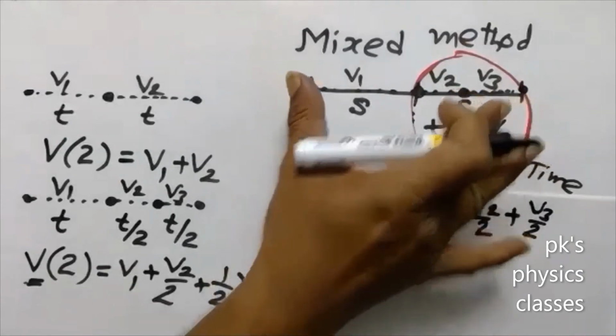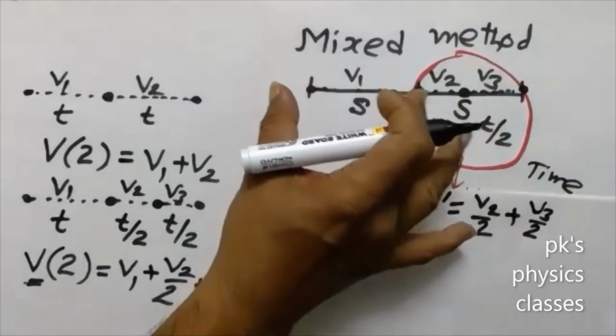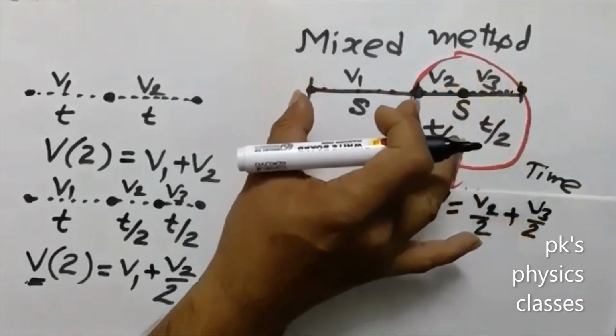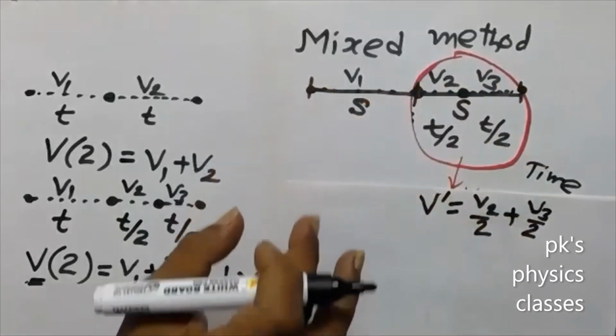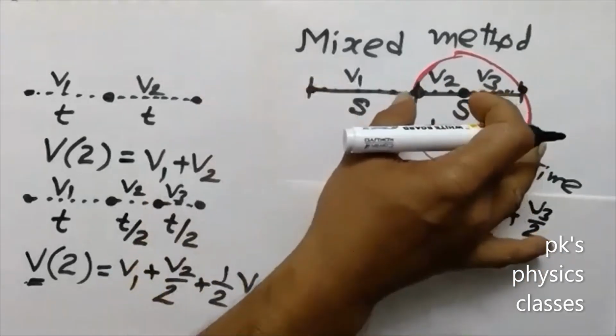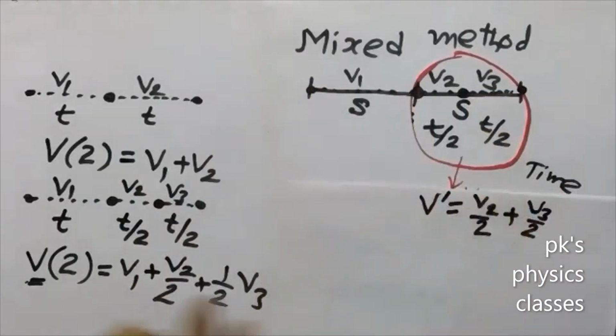Now extend to the entire journey. Total journey, if it is 2s, half the distance is covered with v1, the remaining half is covered with this average speed. Now how to write? How many s are there? 2.